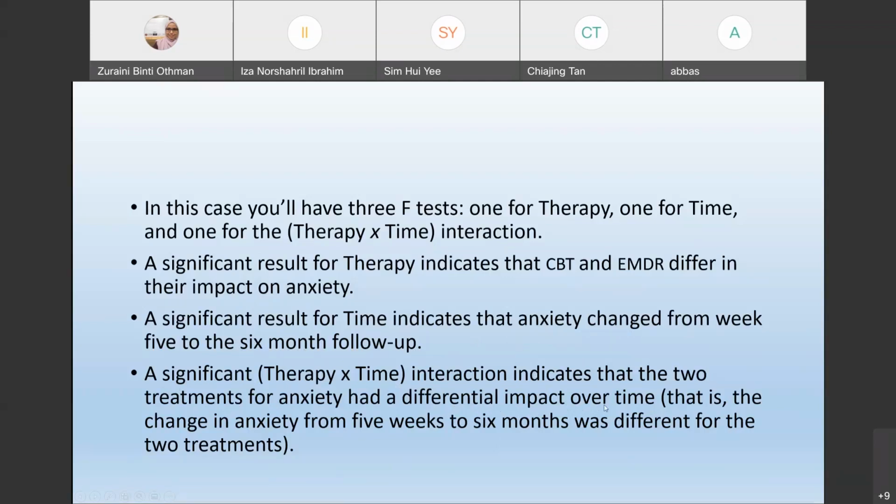That is, the change in anxiety from 5 weeks to 6 months was different for the two treatments. So we can get the interaction result, and the results for the factors therapy and time.